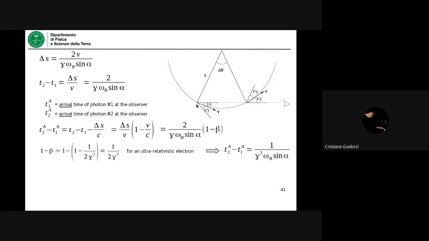So it's kind of chasing the photon that has just been emitted. So when it is time for the electron to emit the second photon, it is relatively close to photon number 1. See what I mean? That's why the two photons traveling towards you are much closer. So you receive them with a comparably short time interval.